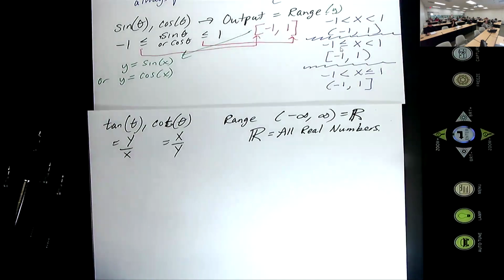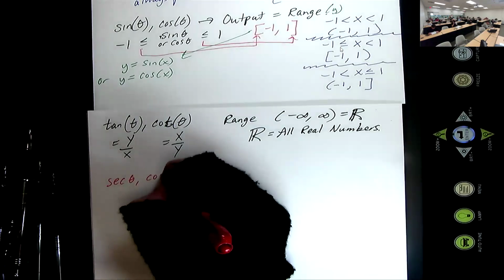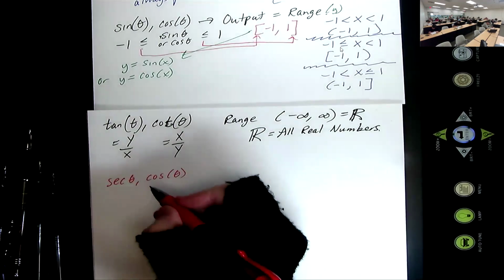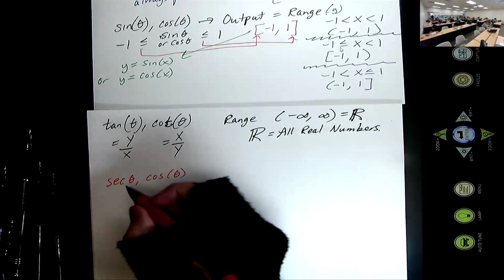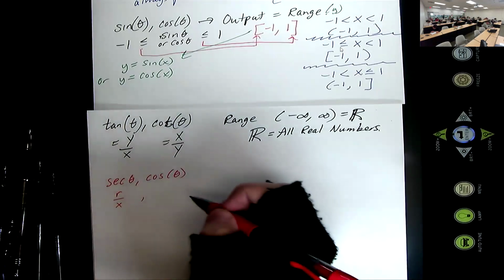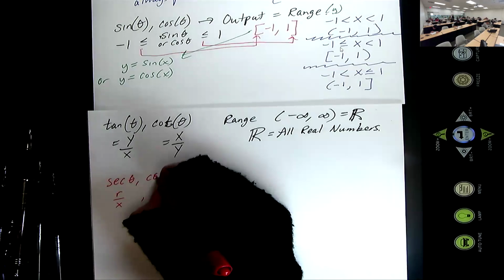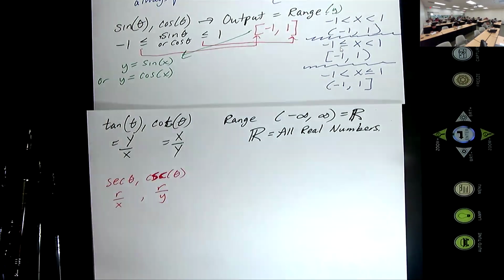Secant theta and cosecant theta have a different range. This is r over x, and this is, nope, sorry, secant and cosecant. That's r over x, and this is r over y.